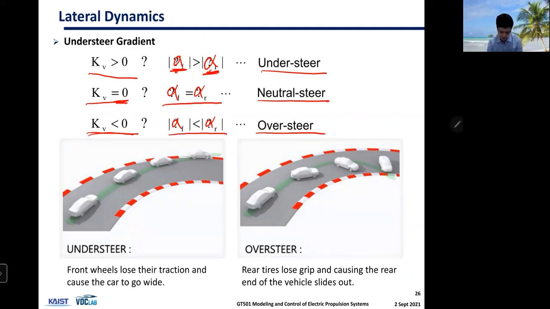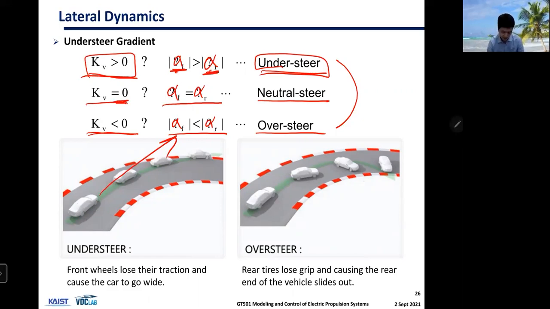Physically, in the case of understeer, your front wheel slips more than the rear wheel, so it will try to move forward when the vehicle is traveling at high speed and you're trying to turn.